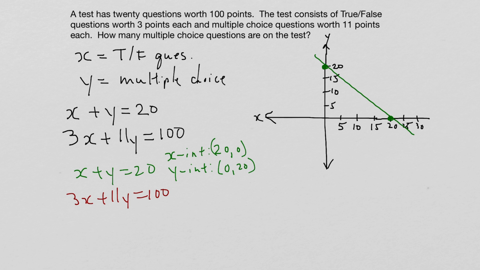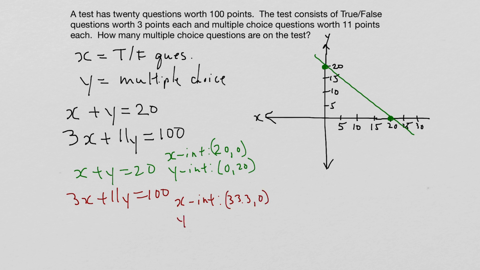Now we'll do the same thing for the other line, and we're going to solve for the x-intercept and y-intercept. When we set y equal to 0, we get x is equal to 33.3, comma 0.